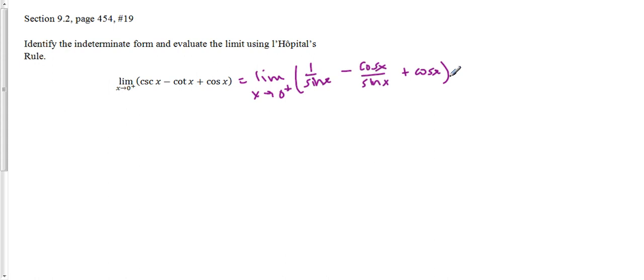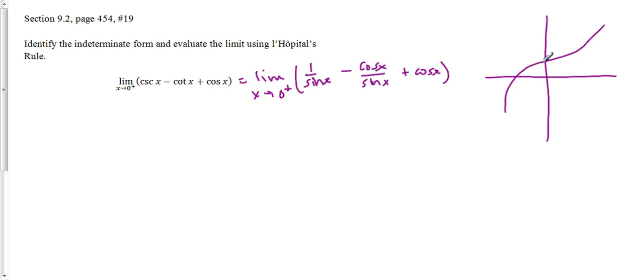Now, we've talked about a number of methods for evaluating limits, and one of the first things to do is to graph. Another nice thing about writing it this way is it's going to make it easier to input it into your calculator. So I'm going to draw a little sketch over here of what I got. It has a discontinuity over here at negative pi and a discontinuity over here at positive pi.